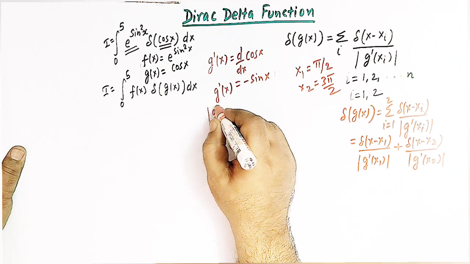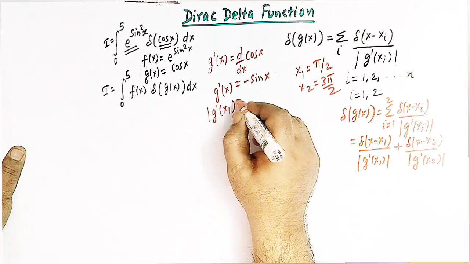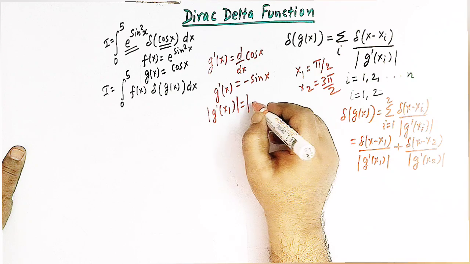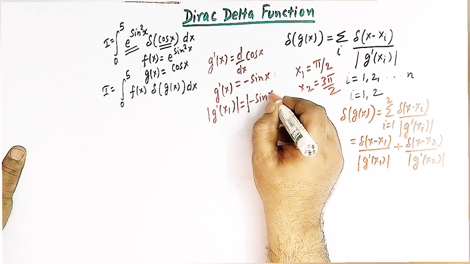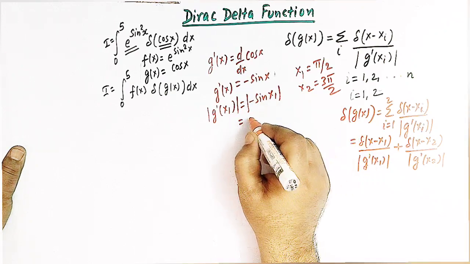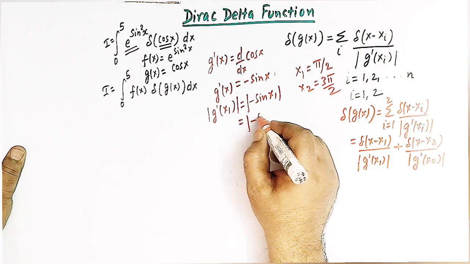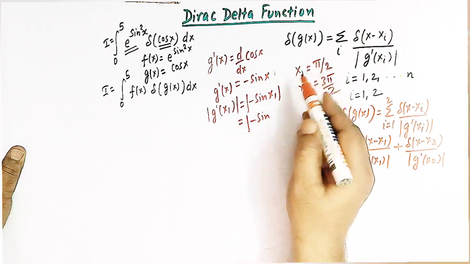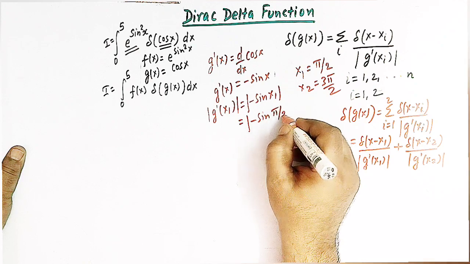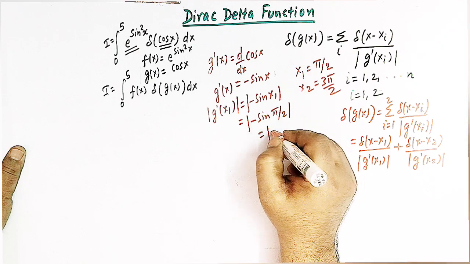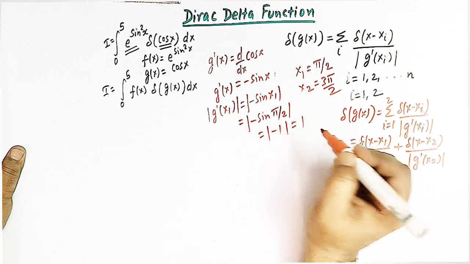So mod of g prime of x1 is the mod of minus sine x1. x1 is pi by 2, so this is mod of minus 1, which is simply 1.